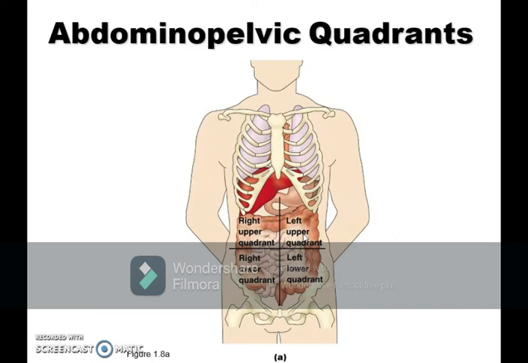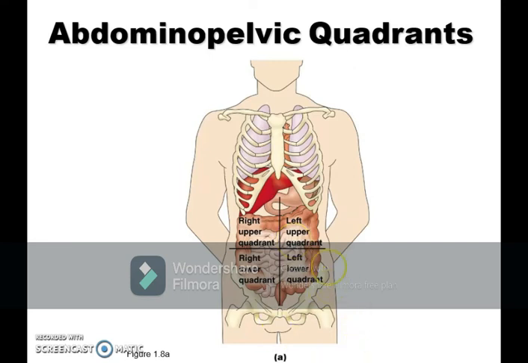Here we can see the liver, a large portion of the stomach, the pancreas, the left kidney, the spleen, portions of the transverse and descending colon, and parts of the small intestine.